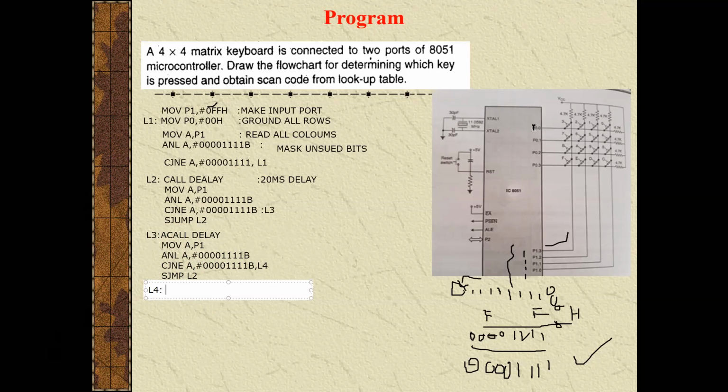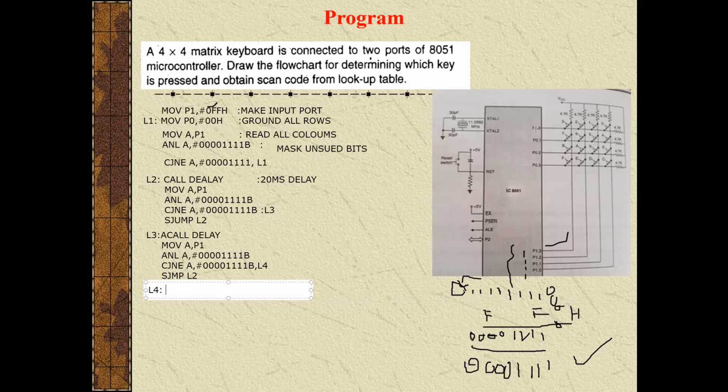All are high, then we scan at a particular line. I want to take information on whether any key is pressed at that particular row, so identifying any key pressed on that particular row.